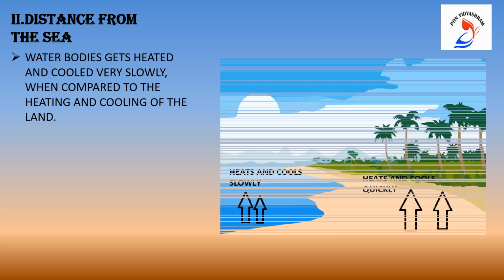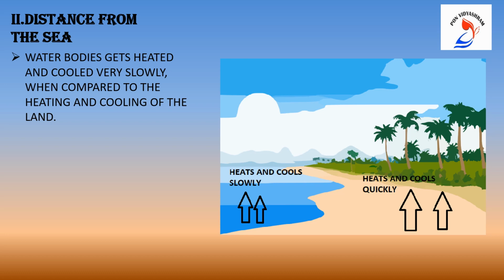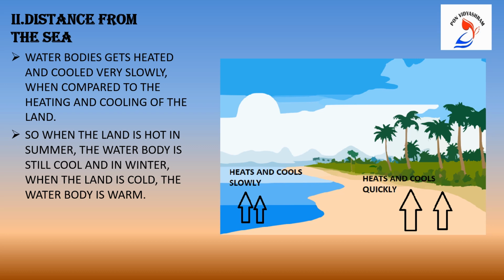Water bodies get heated and cooled very slowly when compared to the heating and cooling of the land. So when the land is hot in summer, the water body is still cool, and in winter, when the land is cold, the water body is warm.